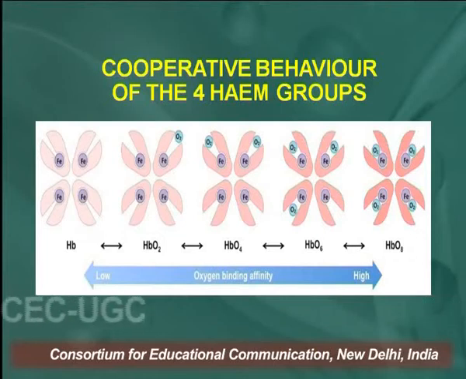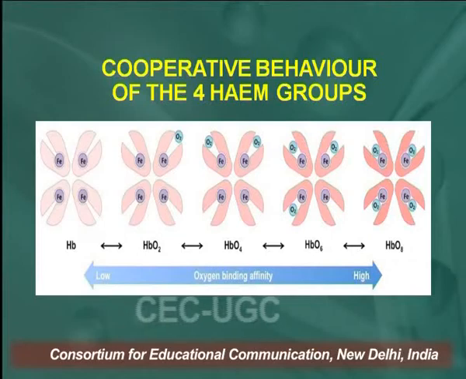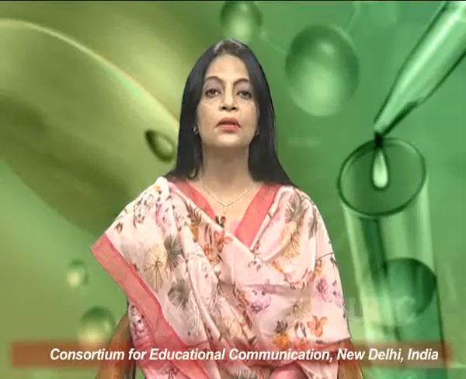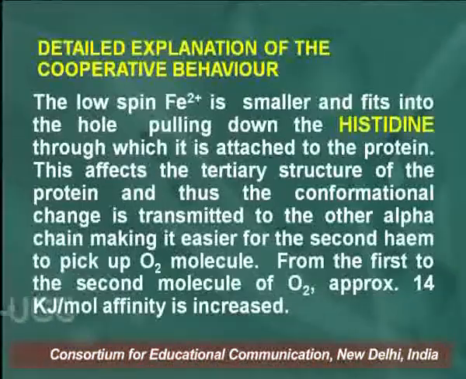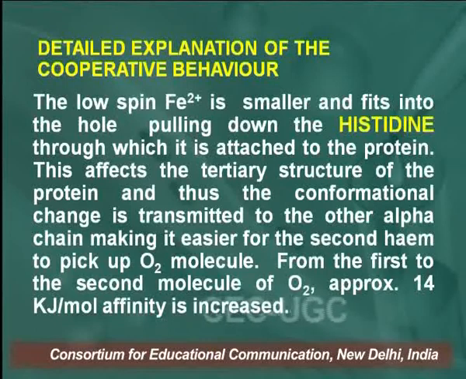The structure is changing from tense to relaxed. Now the low spin ferrous ion is smaller and fits into the hole of the porphyrin, pulling down the histidine through which it is attached to the protein.